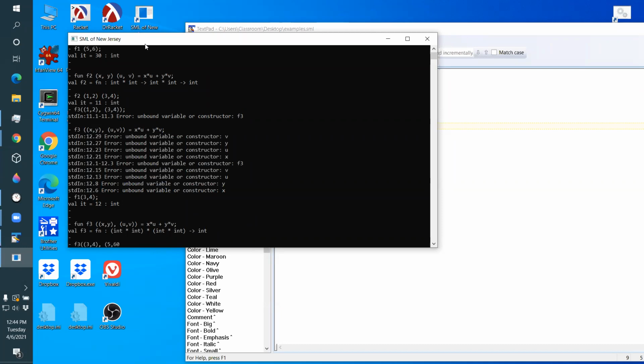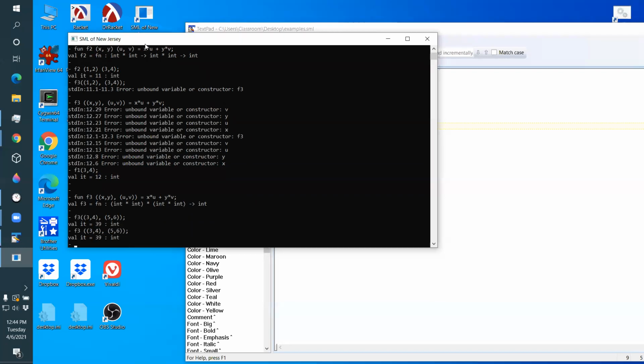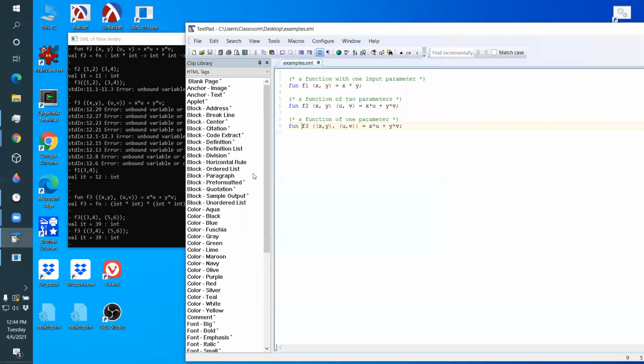Okay, it looks like I'm using Java notation. It looks Java-ish, but it's not. That should be thought of as one input. That input is two tuples. It's a tuple of tuples. Okay. So now I could do another example.